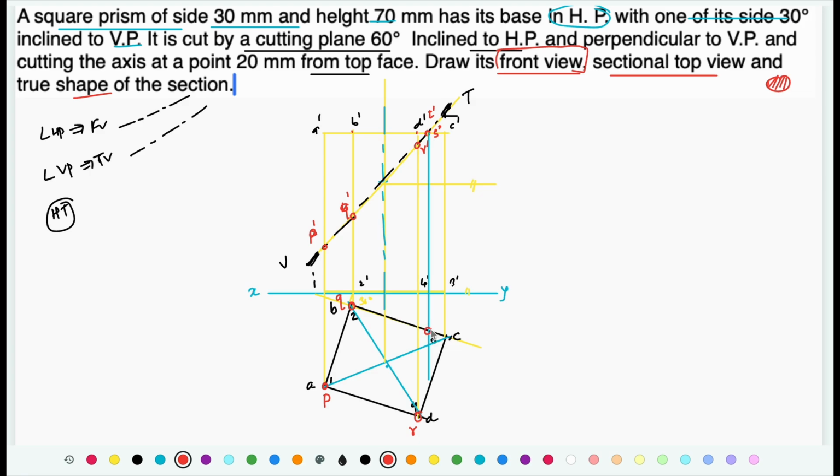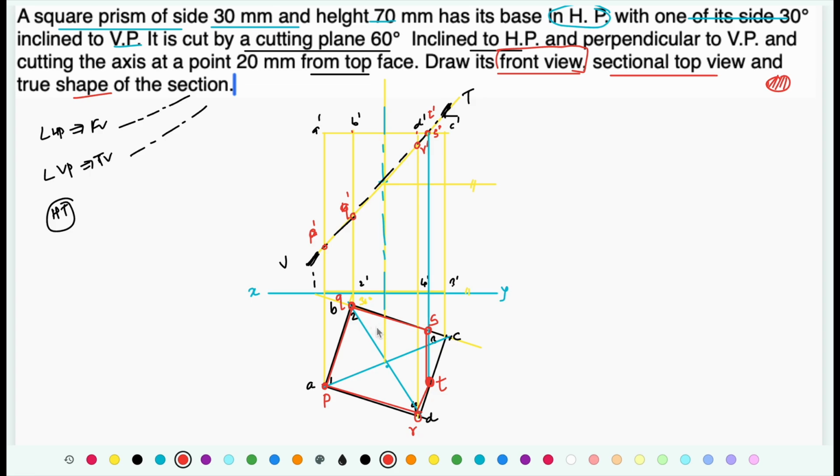So this is going to be S, and another intersection is on CD. So this is intersection of that projector with CD, and this is going to be the point T. Now once you have located those points, highlight that portion. So this is going to be a sectional view.